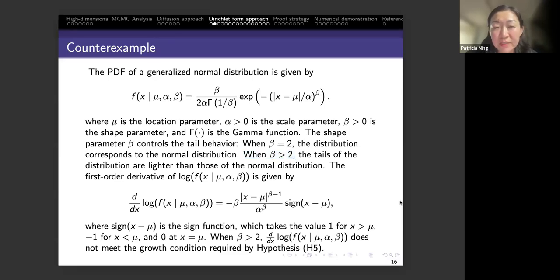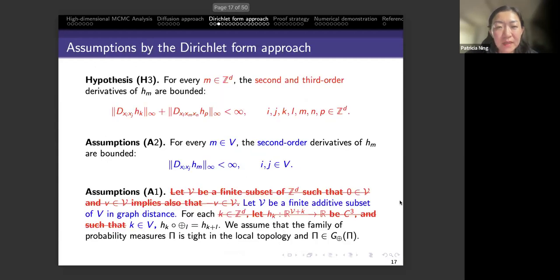Later, we are going to use this example to numerically illustrate the optimal scaling result. Now let's take a look at the assumptions in the Dirichlet form approach. Let's first recall H3.